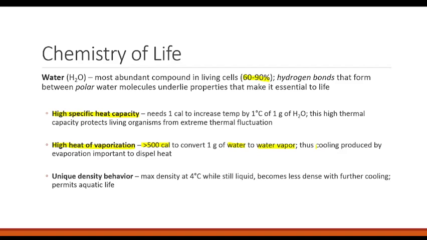So if liquid water is converted into a vapor, requiring lots of energy, this makes the cooling produced by evaporation important in dispelling heat. Energy is removed from a hot system and put into water to convert it to water vapor, and then evaporation occurs.